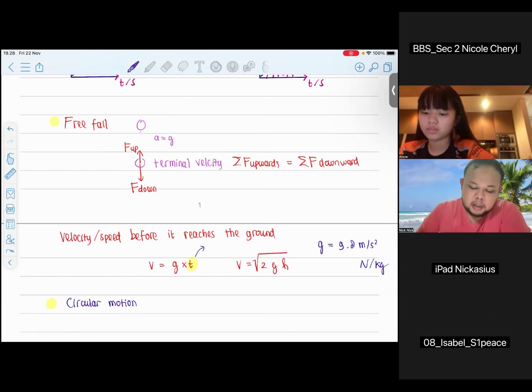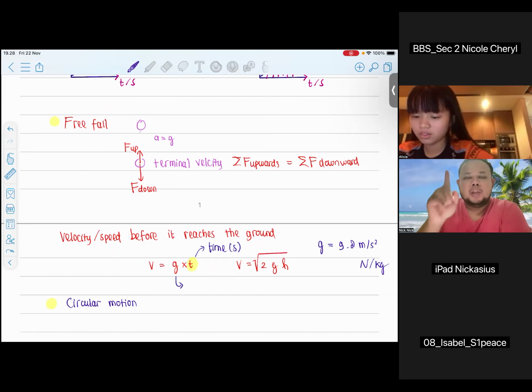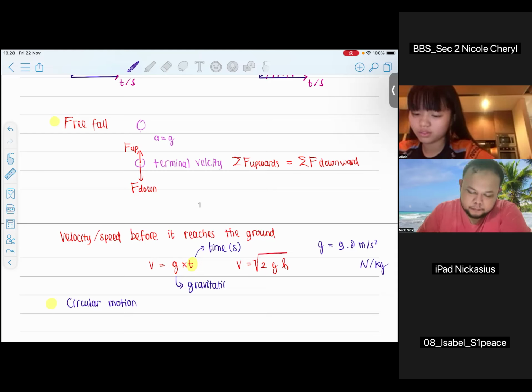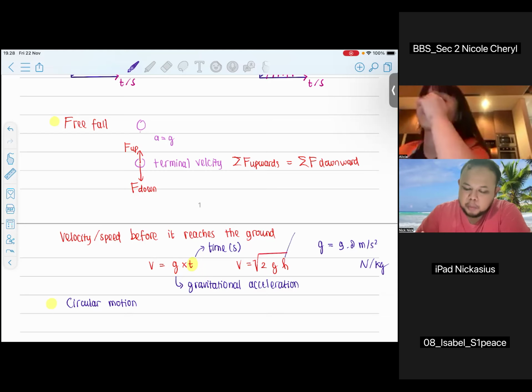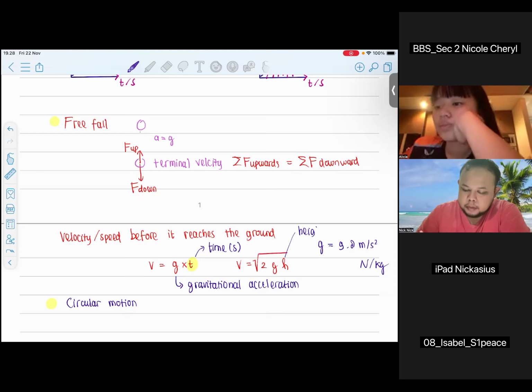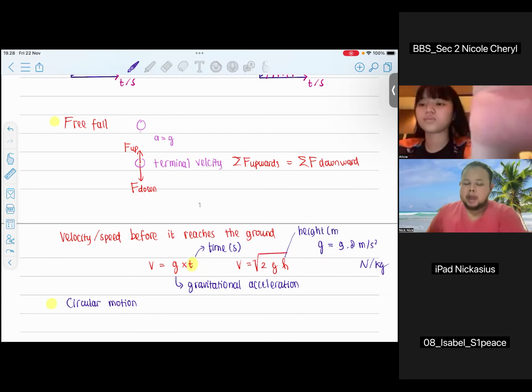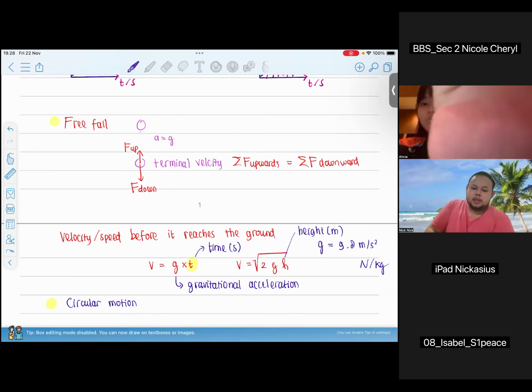T is time in the unit of seconds, and then g is gravitational acceleration. Don't say gravity, okay? You have to say gravitational acceleration. And then h is the height of the object, falling from a certain height, okay?